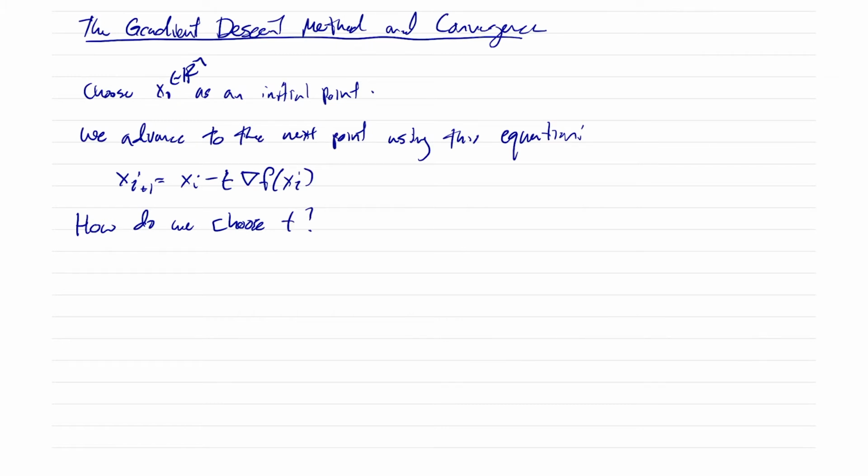I didn't want to go too in-depth, but you could have this step size changing for each i, and people use a whole host of different methods of finding the correct step size for each given index. For our purposes, we're just going to keep it constant, and this will end up working for us. There could be better step sizes to choose, we're just not going to cover all of them.